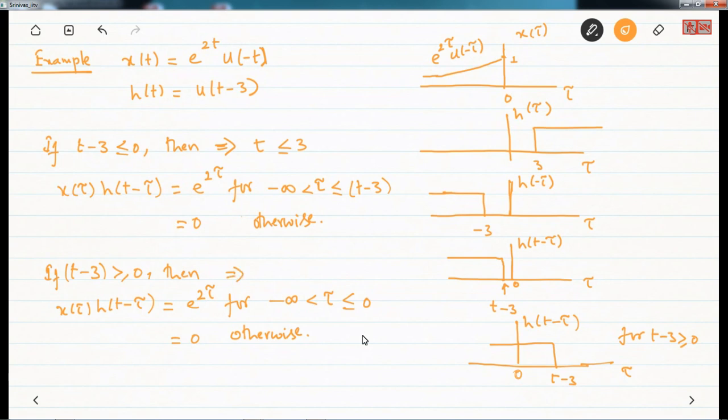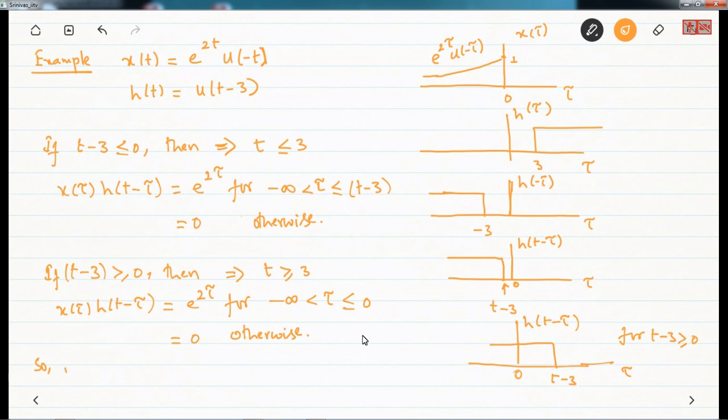In this case, t is greater than or equal to 3. See, when I said t minus 3 less than or equal to 0, that means t less than or equal to 3. When I said t minus 3 greater than or equal to 0, that means t greater than or equal to 3.